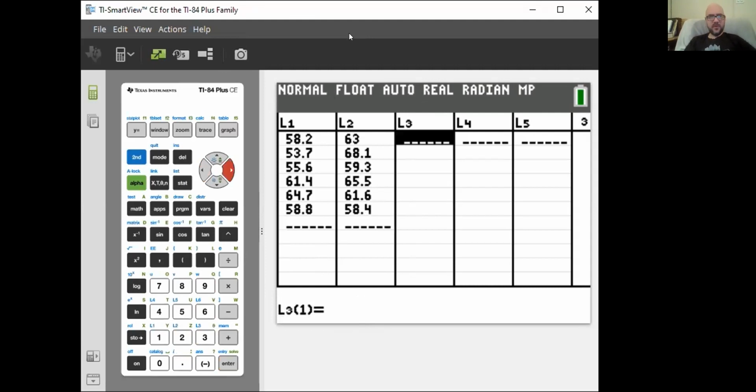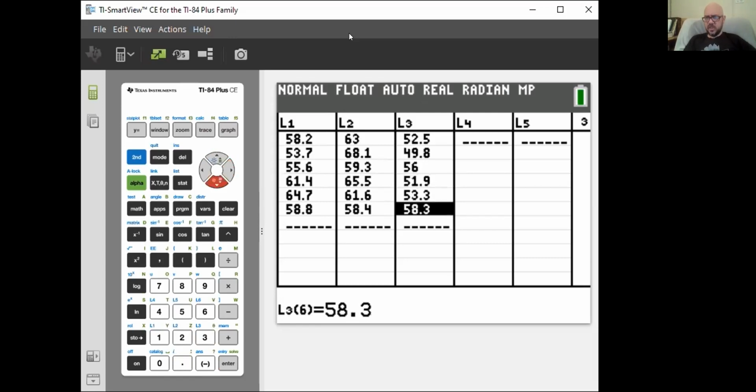It's a great opportunity to work on your 10-key skills as well. Bottom: 0.8, 56, 51.9, 53.3, and 58.3. Okay, so let's go make sure that this all matches up. 3.7. Good. 5. Good.